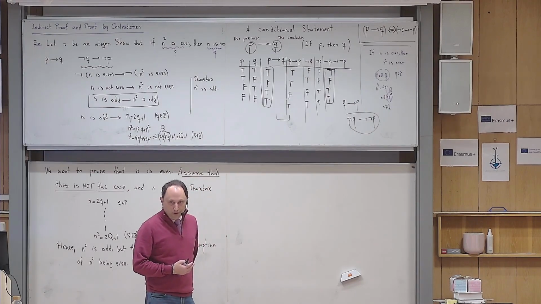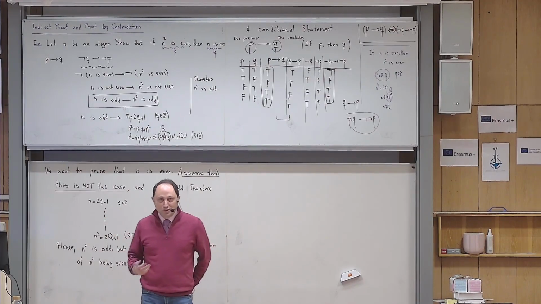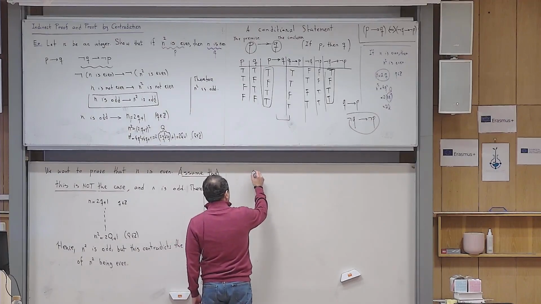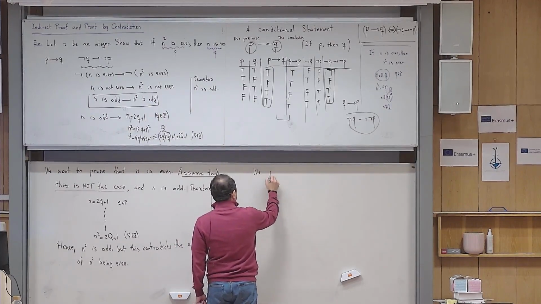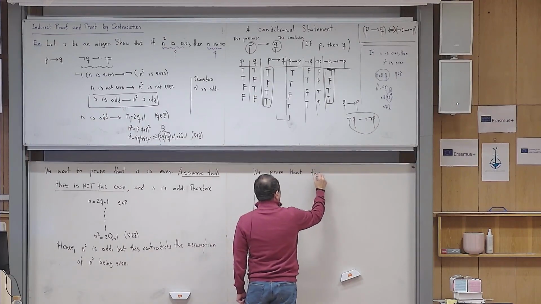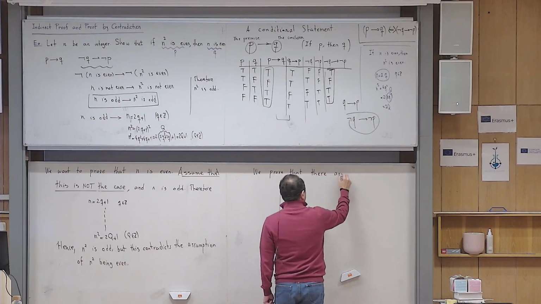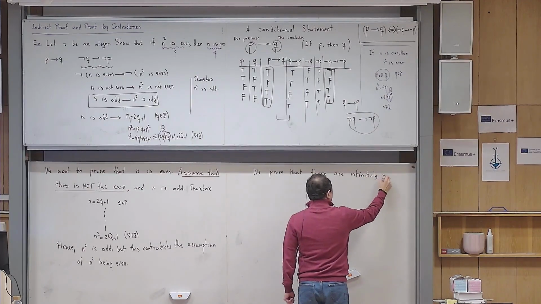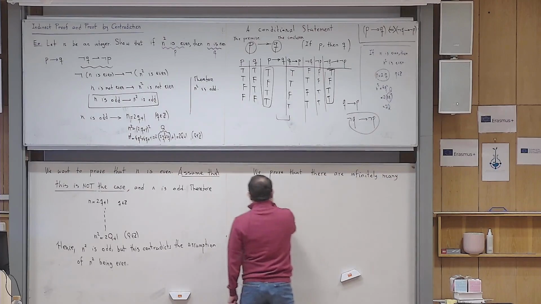Okay? If you agree with Euclid, we are done. No fight. Exactly like this. If you disagree, what does it mean? Okay? So I want to prove that. We prove that there are infinitely many prime numbers.